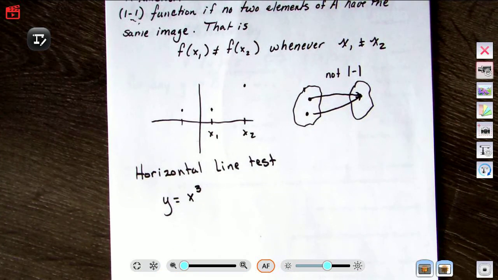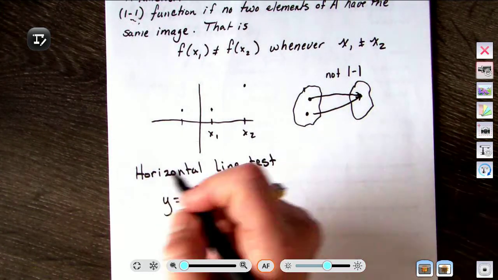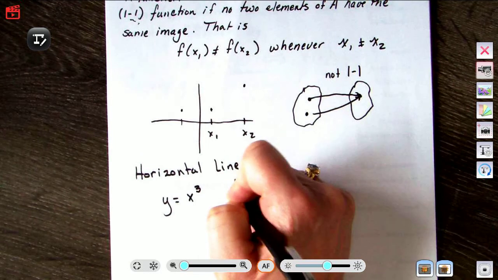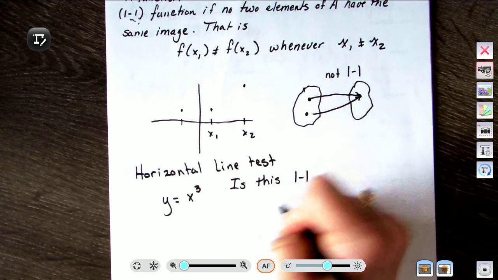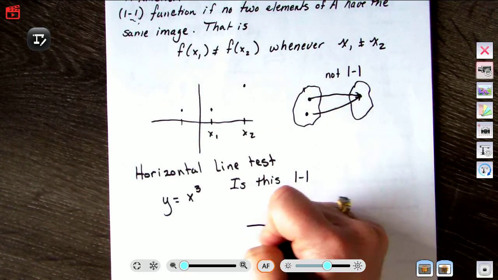Looking at some examples, this is where you start having to have knowledge of the functions that we work with and what they look like. So looking at y equals x cubed, is this one-to-one? I would think, what does x cubed look like?